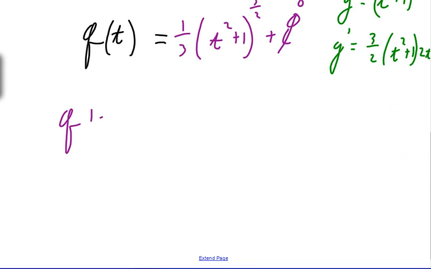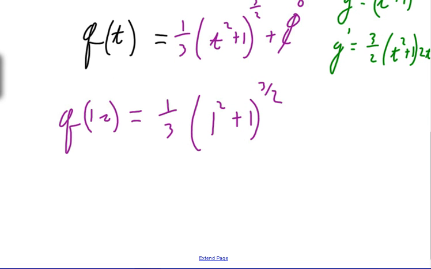Q at 1 second equals 1/3 times 1 squared plus 1 to the 3 halves. 2 to the 3rd is 8, the square root of 8 is 2 root 2, so 2 root 2 over 3 coulombs.